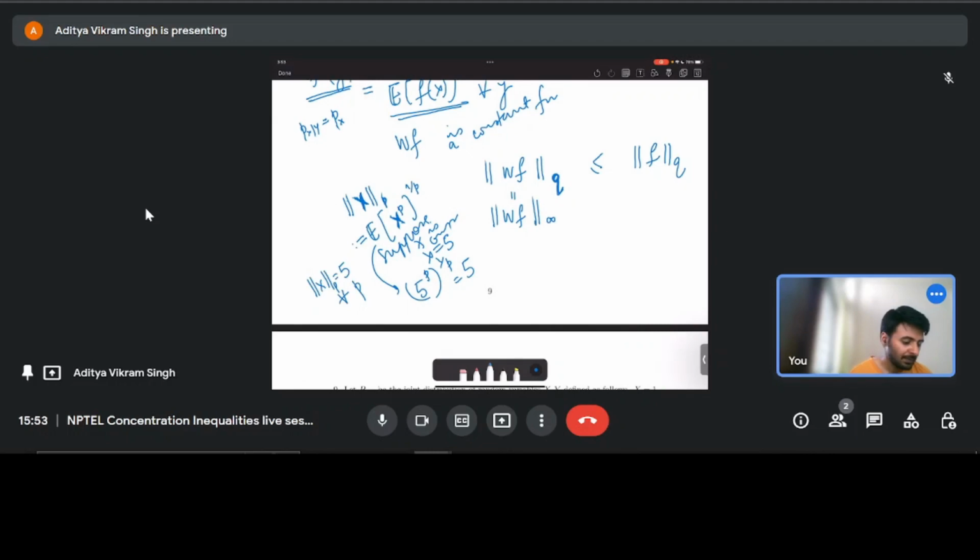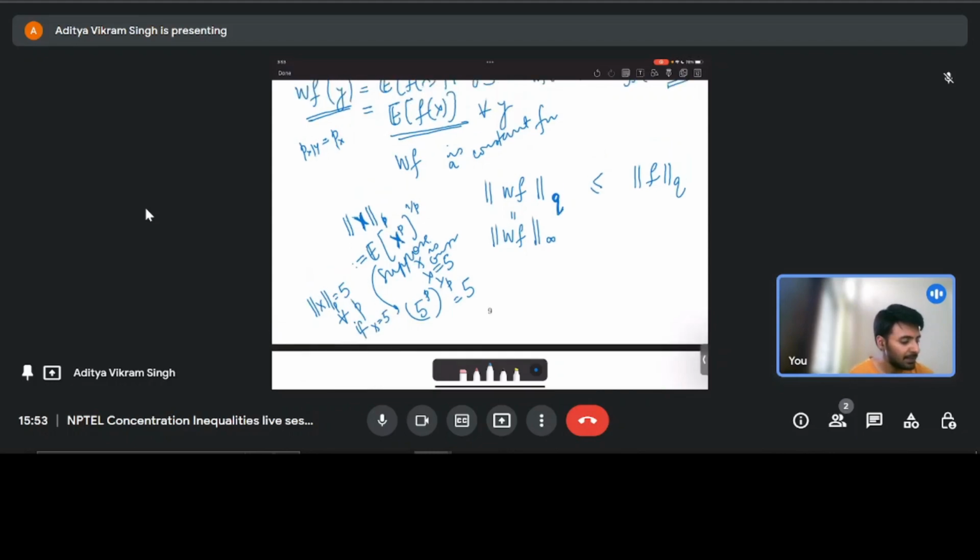Okay. If x is equal to 5, this is a constant random variable. And what this means is that WF of Q would be the same as WF of Q plus 1, the same as WF of Q plus 2, and so on. You can increase it as much as you want, because WF is a constant. And why is this a constant? Because of independence, right?